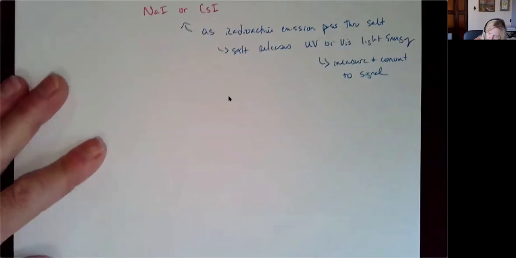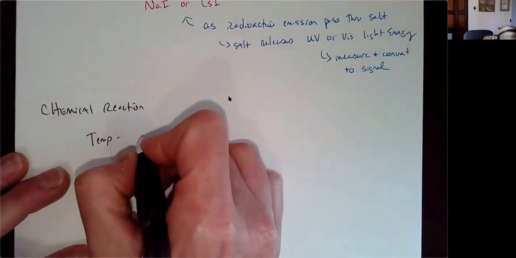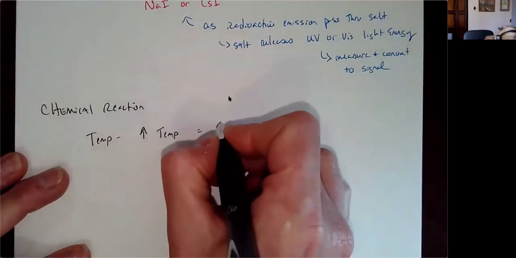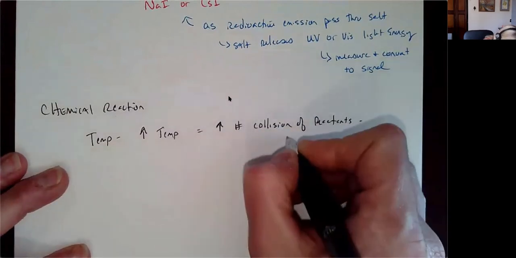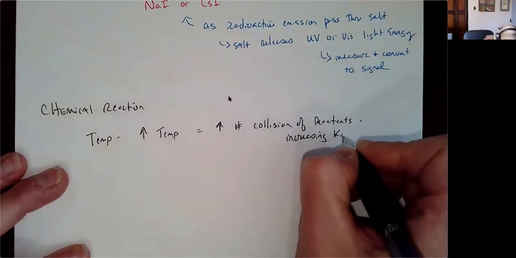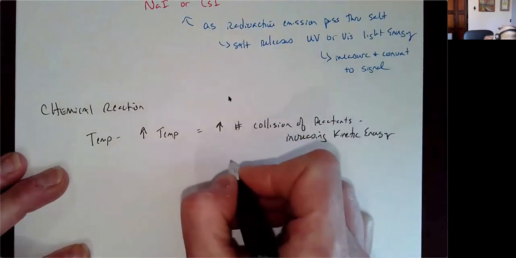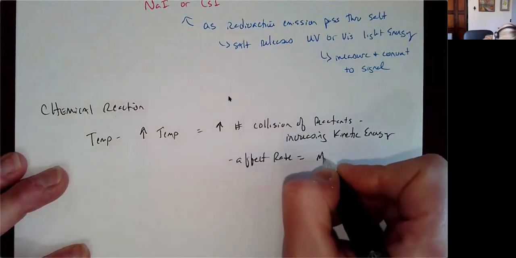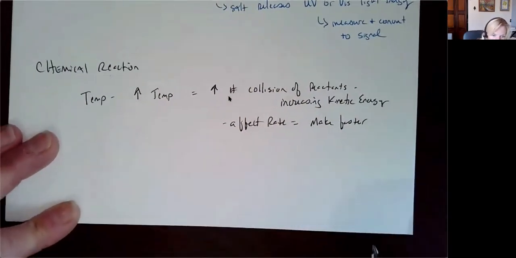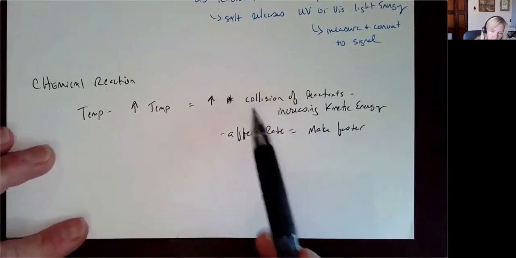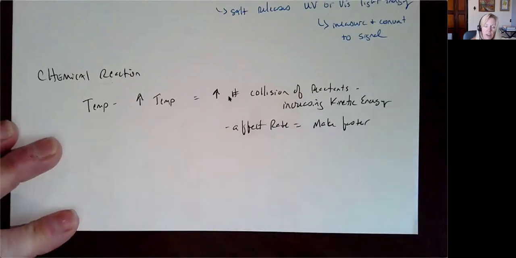So in a chemical reaction, if I increase the temperature, I'm going to increase the number of collisions of my reactants because I'm increasing their kinetic energy. So that's going to affect the rate. It's going to make it faster. Because remember, I have to collide in order for a reaction to happen. So anything that I do that increases the number of collisions is going to affect the rate.